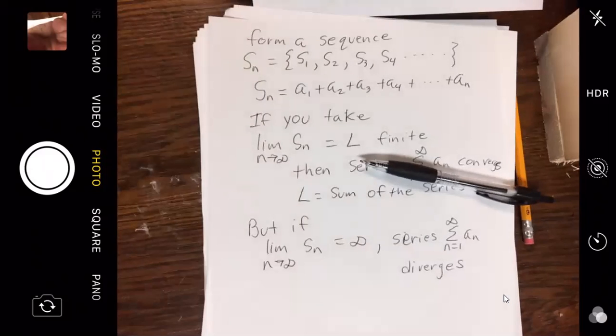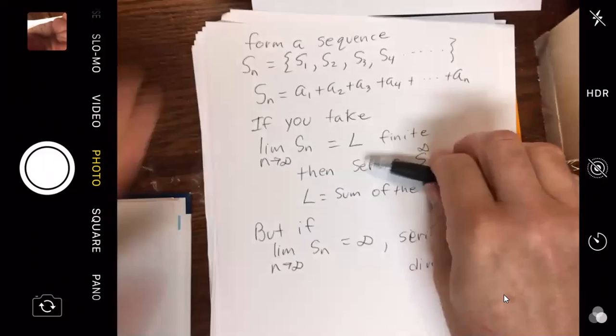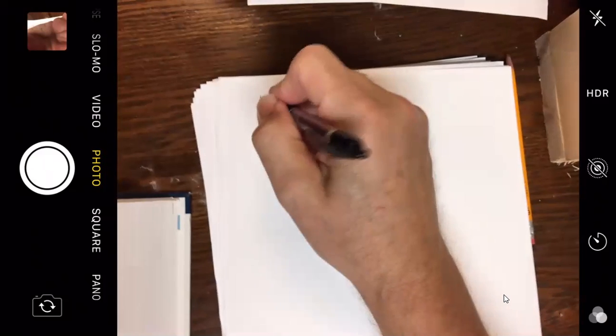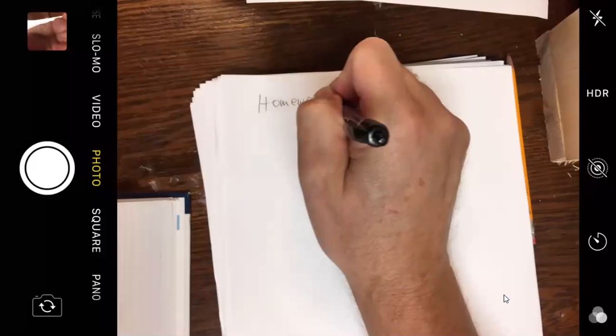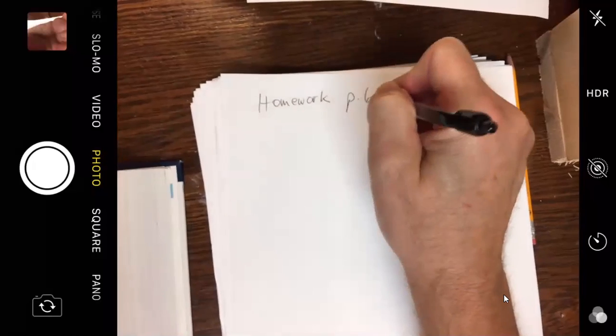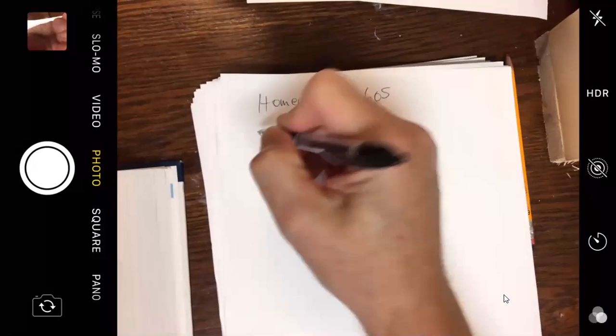Okay. But let me do an example of this while we've got this here. This is where the homework starts. And then we'll go back through and show you some of the named series like geometric and the like. All right, so if you go to the homework, page 605, it starts, say, with number 5.